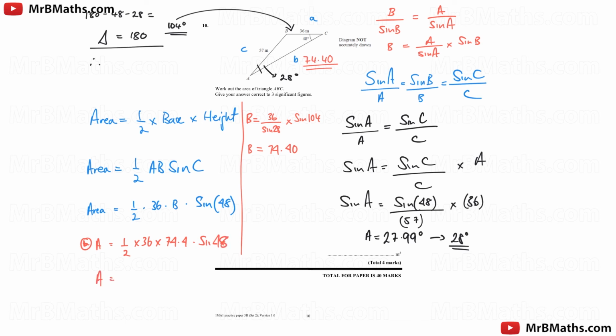The area is therefore 995.219 to 3 significant figures. We look here, so it would be the area equals 995 to 3 significant figures. This would of course be meters squared.